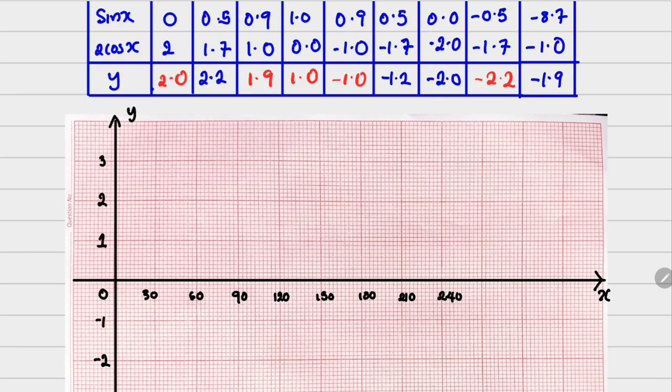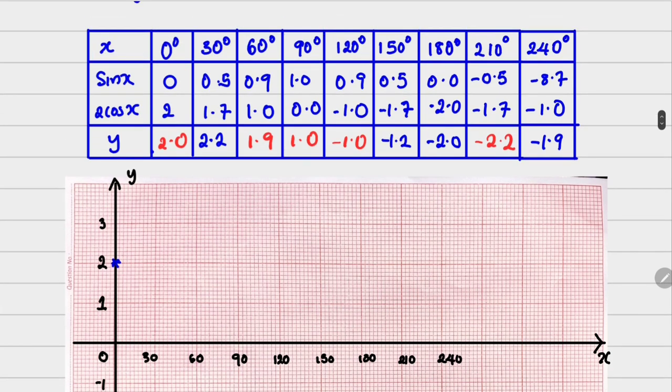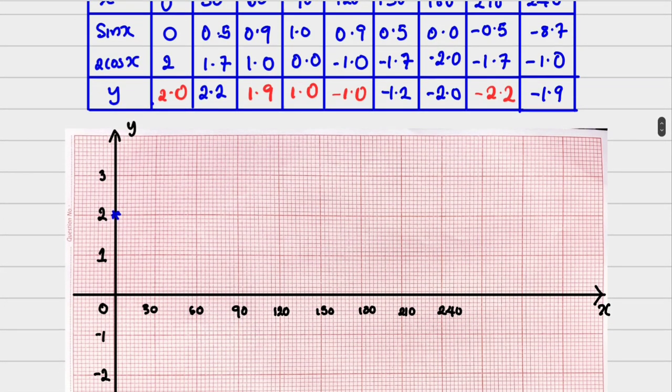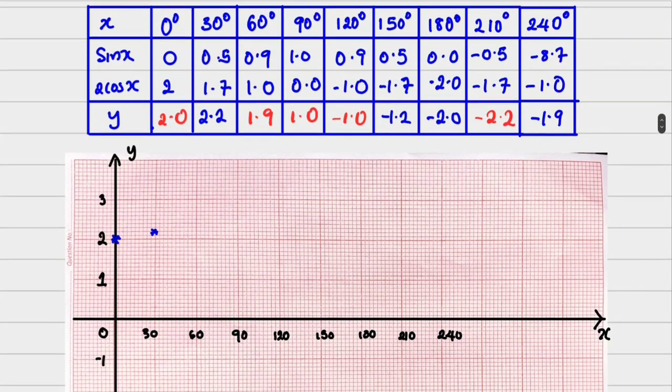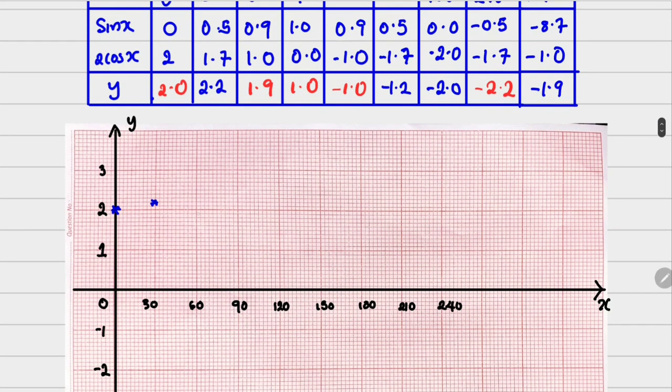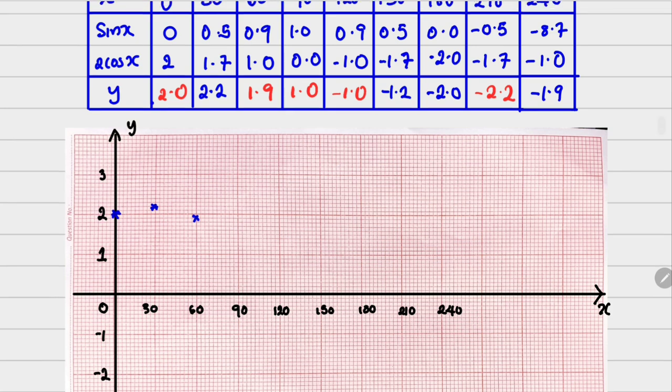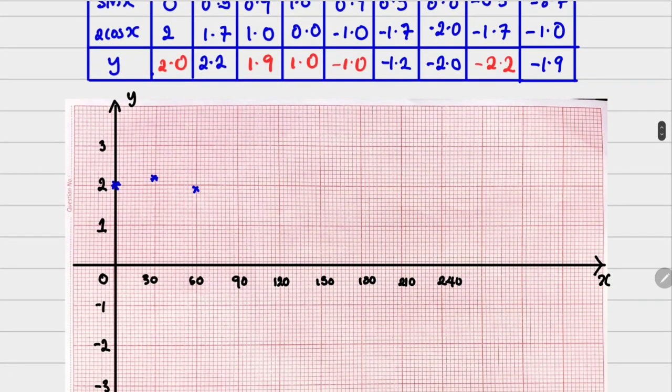So let's go on to plot the graph. When x is 0, y is 2. So this is where we have our 2. Then when x is 30, y is 2.2. And of course, this is going to be 2.2. Okay. And when x is 60, y is 1.9. So this is where we have our 1.9. Then when x is 90, y is 1. So 90 and 1.